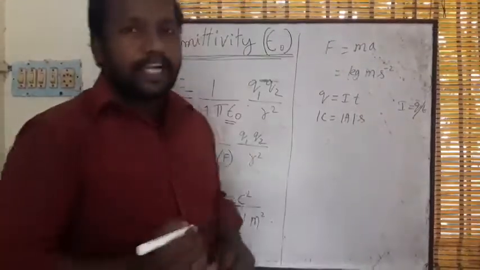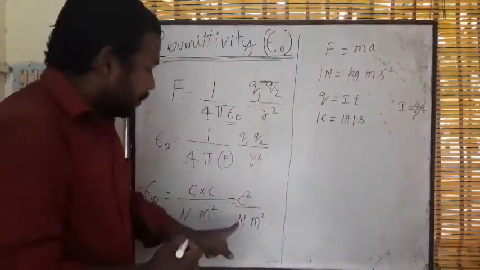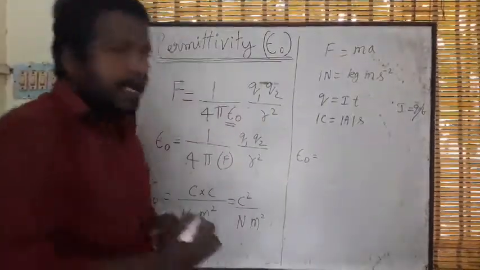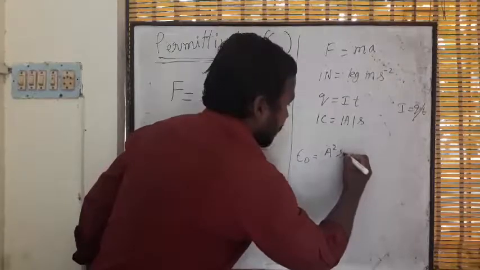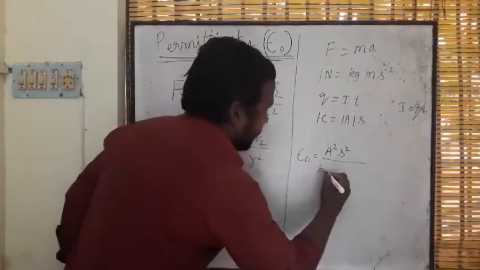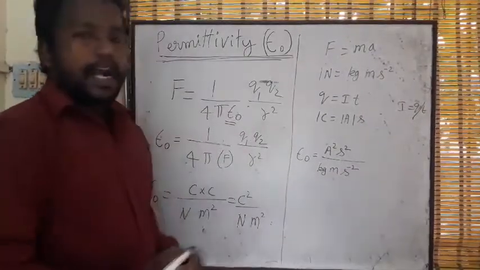That means we got what is coulomb and what is Newton, so that too I am going to substitute here. So the SI unit of epsilon naught will be coulomb square, which we can take as ampere square second square, divided by Newton, which is kg meter second minus 2, and meter square.